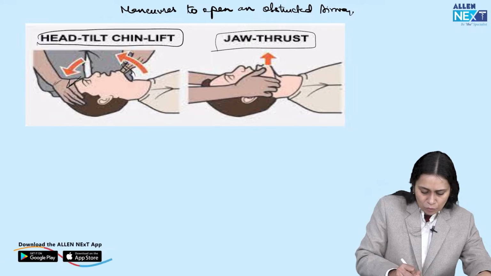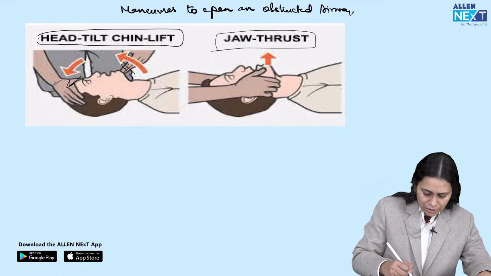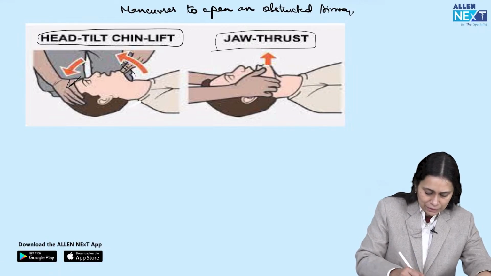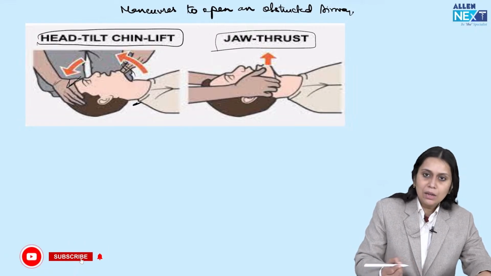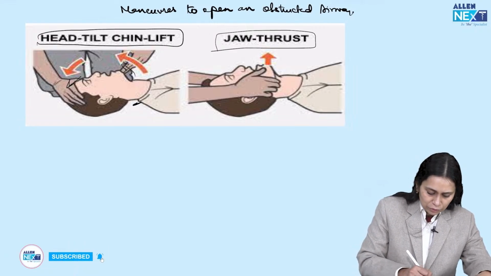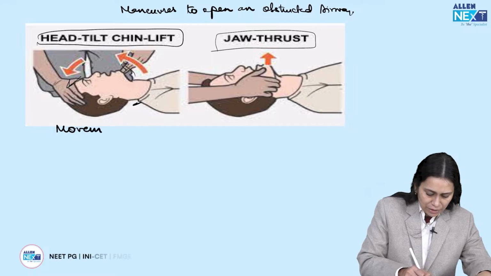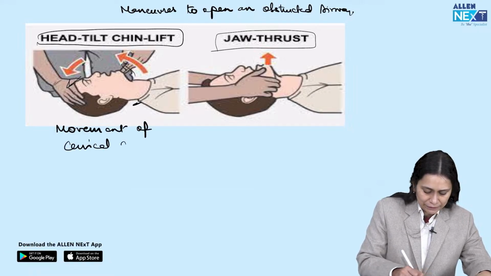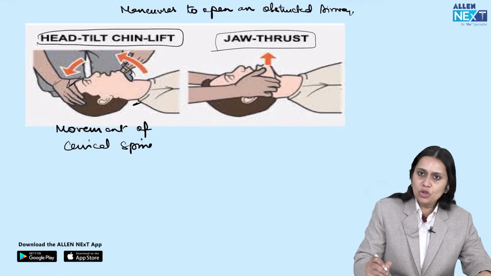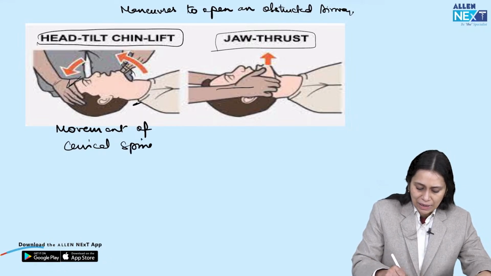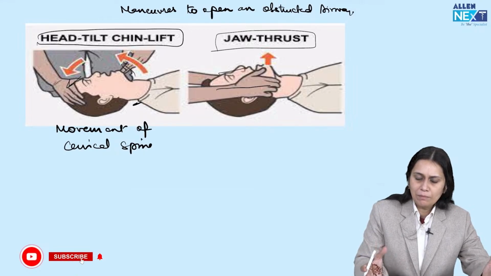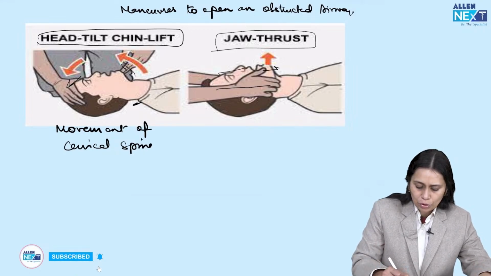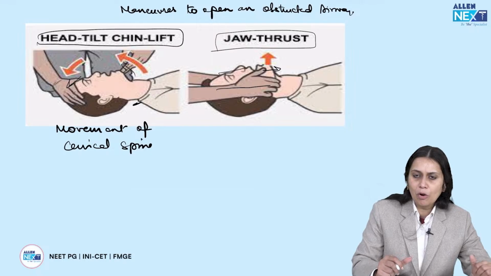In this, there is a movement on the cervical spine. So, in this maneuver we have movement of cervical spine. And in jaw thrust, we stabilize the head and neck with both our palms and just protrude the mandible upward or forward.